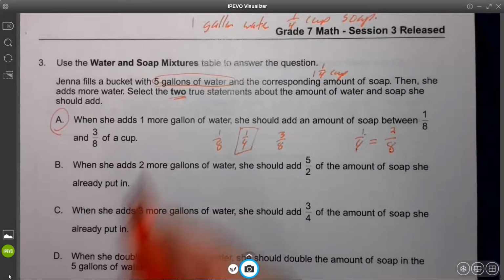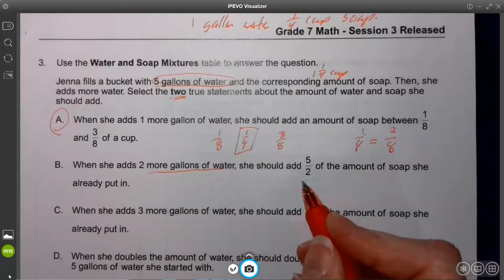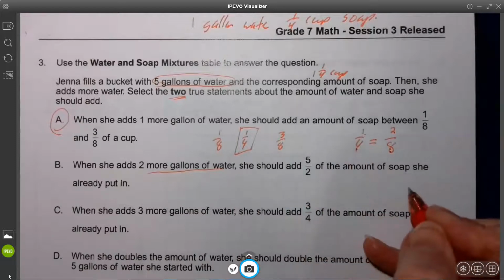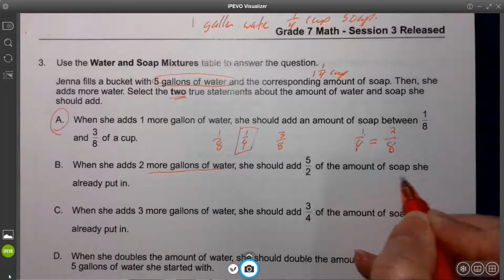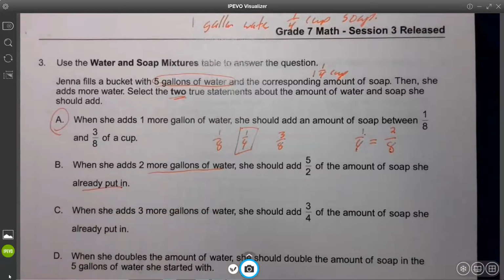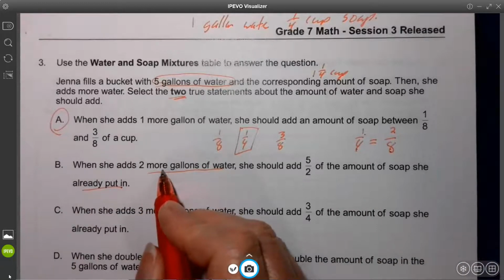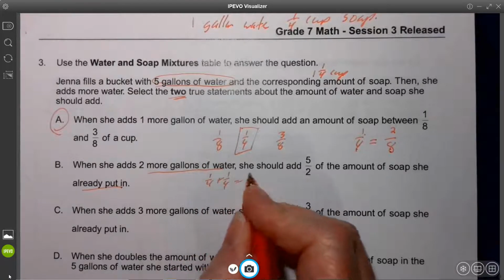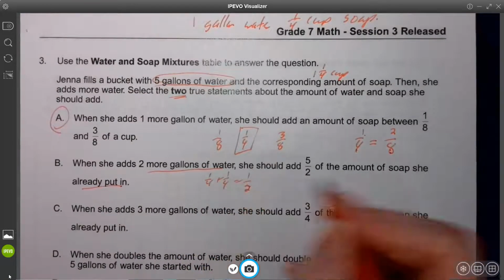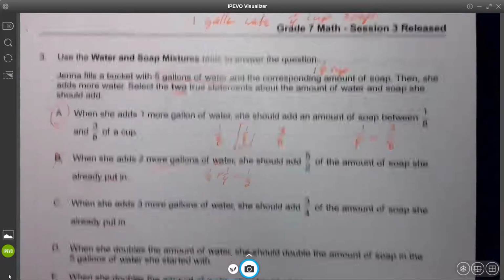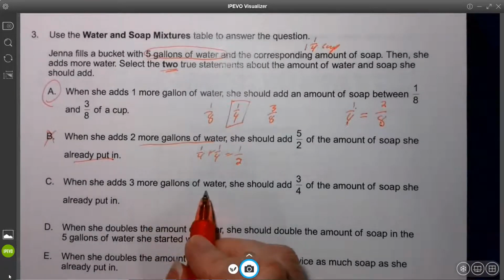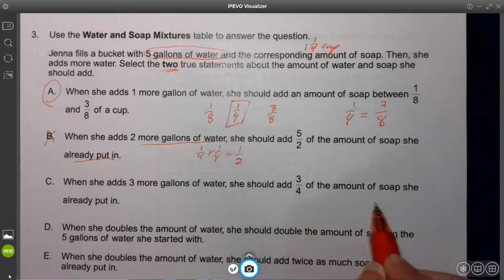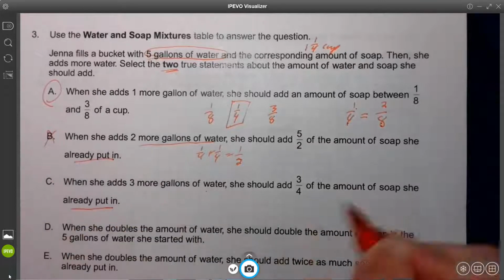When she adds 2 more gallons of water, she adds 1.5 of the amount of soap she already put in. Oh my gosh. No, if she adds 2 more gallons, she wants to add 1/4 plus 1/4. That's only 1/2. That's way too much, so that's not going to work. When she adds 3 more gallons of water, she adds 3/4 the amount of soap she has already put in.